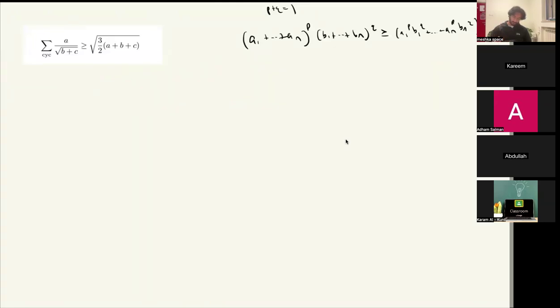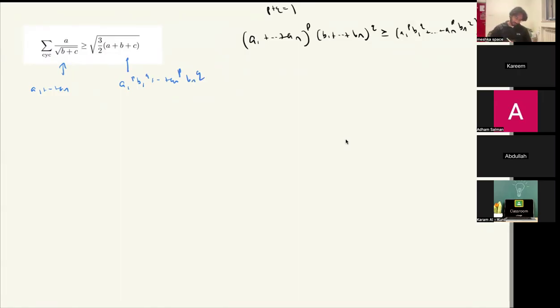We're trying to match this term with A, and this term with the right-hand side. So we want this one to be like A1 plus AN, and then this one to be like A1 to the P, B1 to the Q, like this. Not exactly. There will be some exponents you have to work with, but we want it like that.